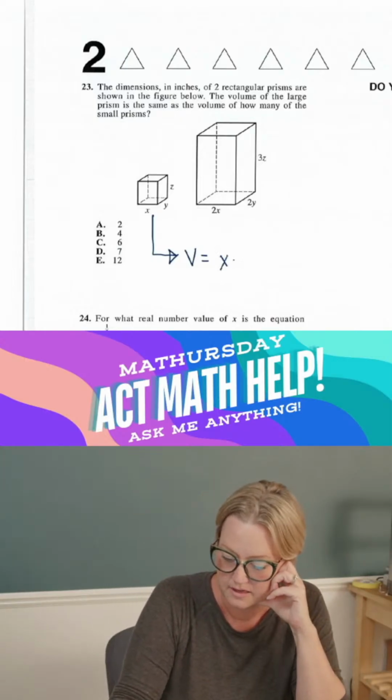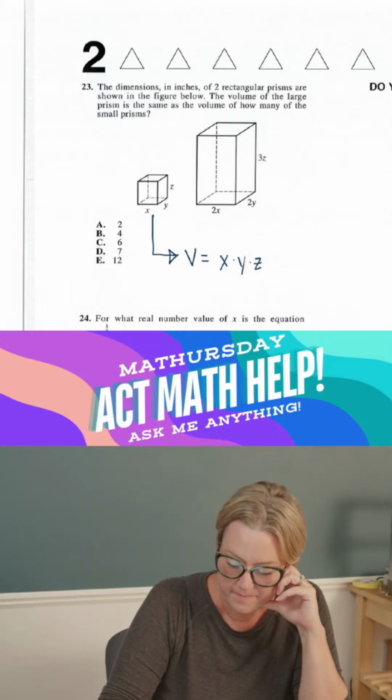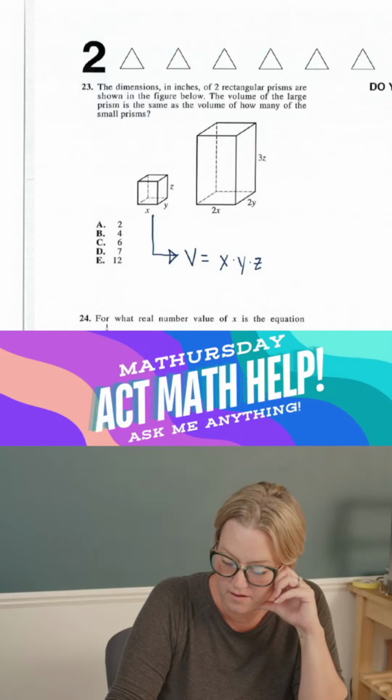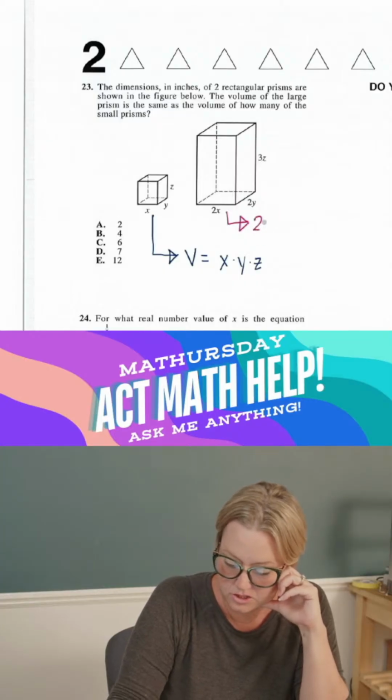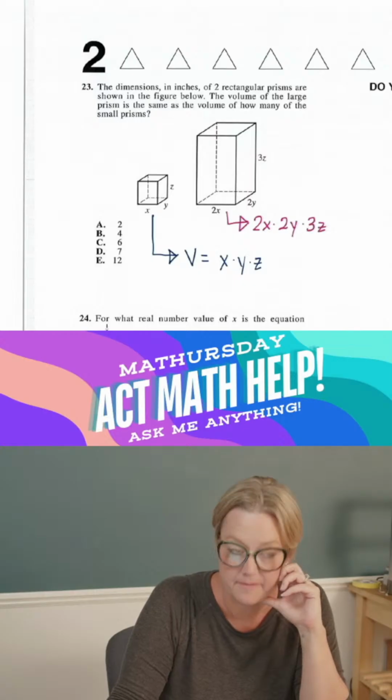So X times Y times Z. Now the volume of the larger prism is 2X times 2Y times 3Z.